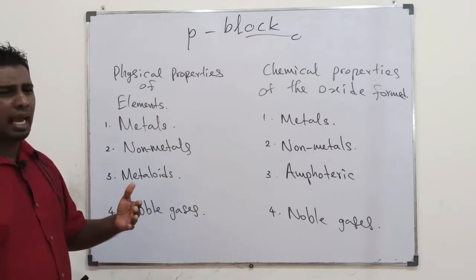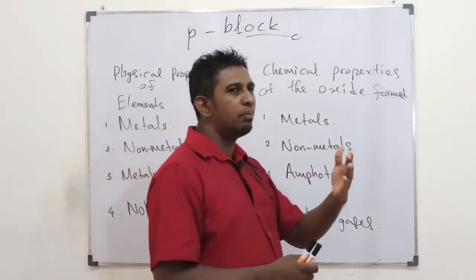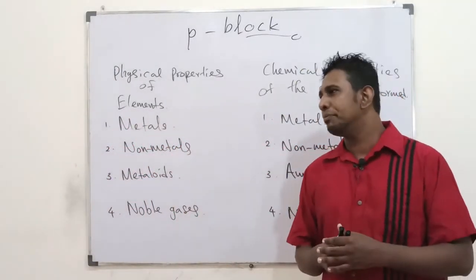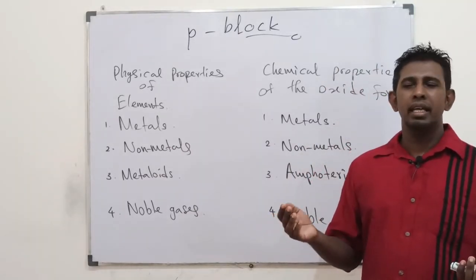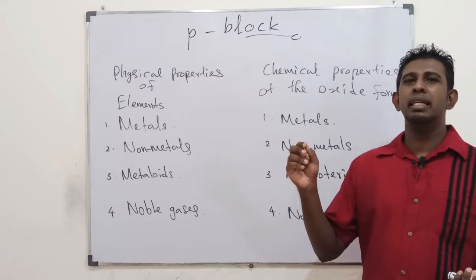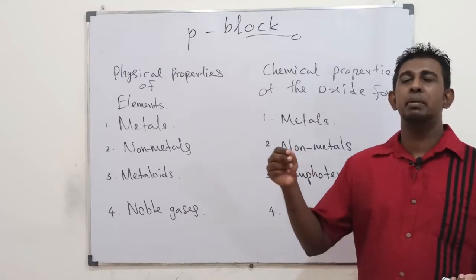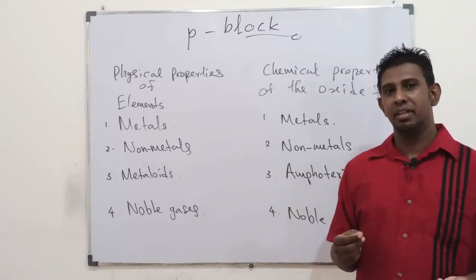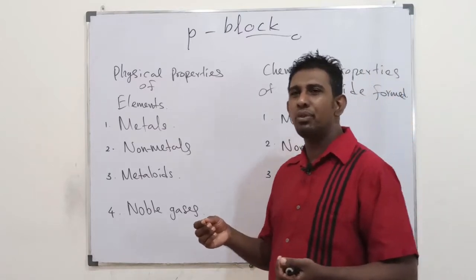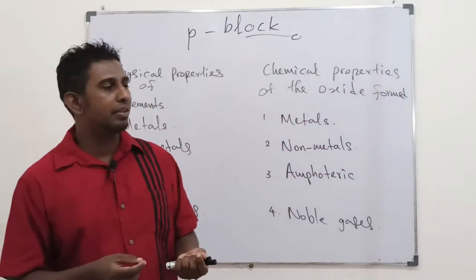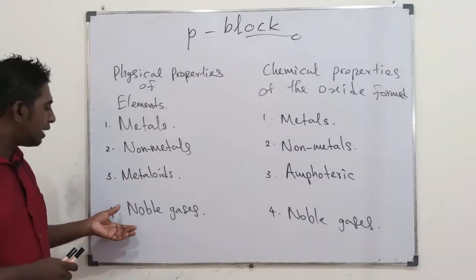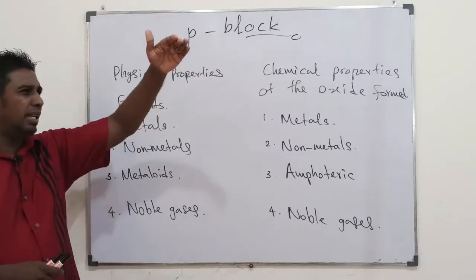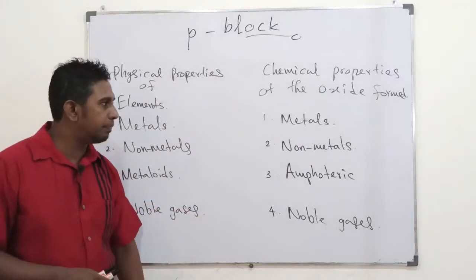Then metalloids are the elements which have both properties, like boron, germanium, silicon. They conduct electricity as well as exhibit non-metallic characteristics, so those elements are named metalloids. Then students, noble gases: helium, neon, argon, krypton, xenon, radon.